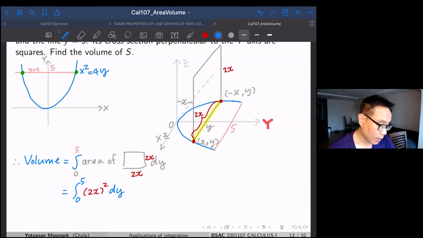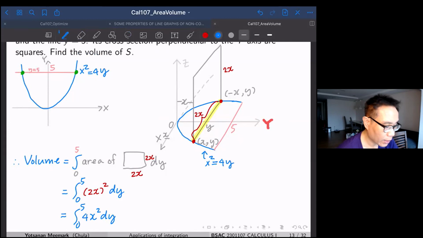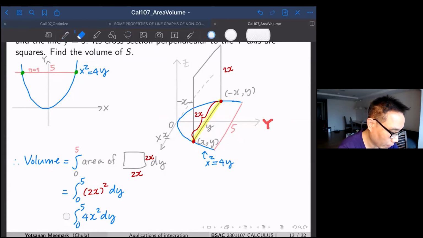However, we know that this has the equation x squared equal to 4y. So this one will be the integral from 0 to 5 of 4x squared dy. Let me write it in this way, it would be clearer.